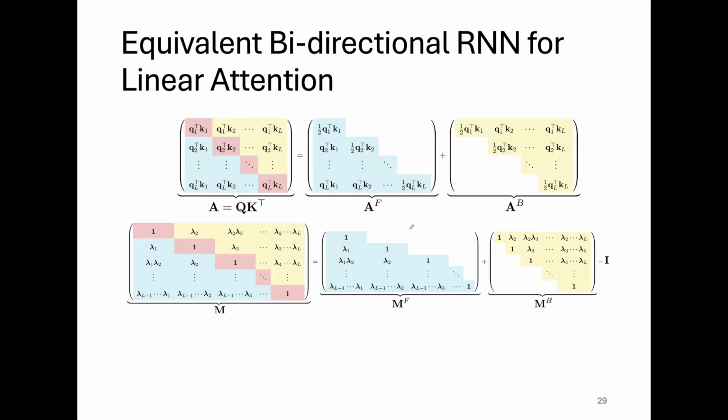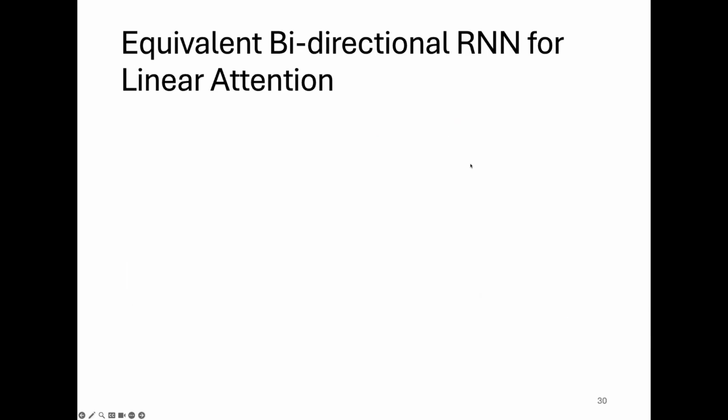This one multiplied by this one only consists of diagonal terms, just because it's a lower triangular mask times an upper triangular mask, and everything is 0 except the diagonal. So then we can simplify A_F times M_B and A_B times M_F to only the diagonal parts.